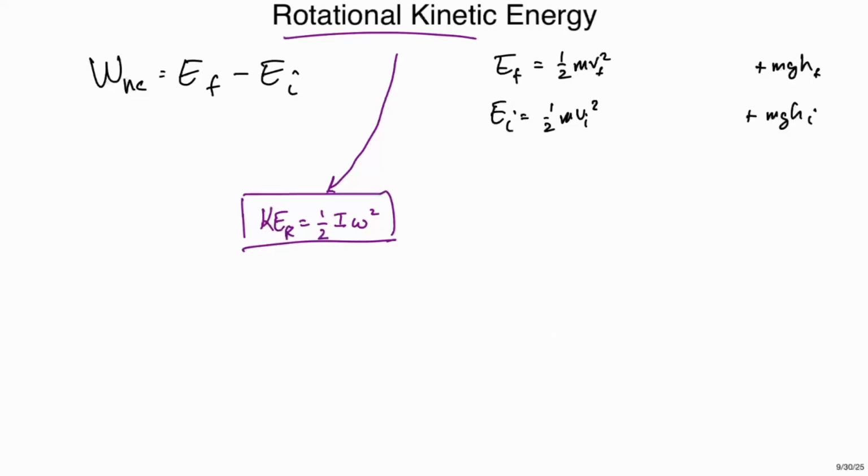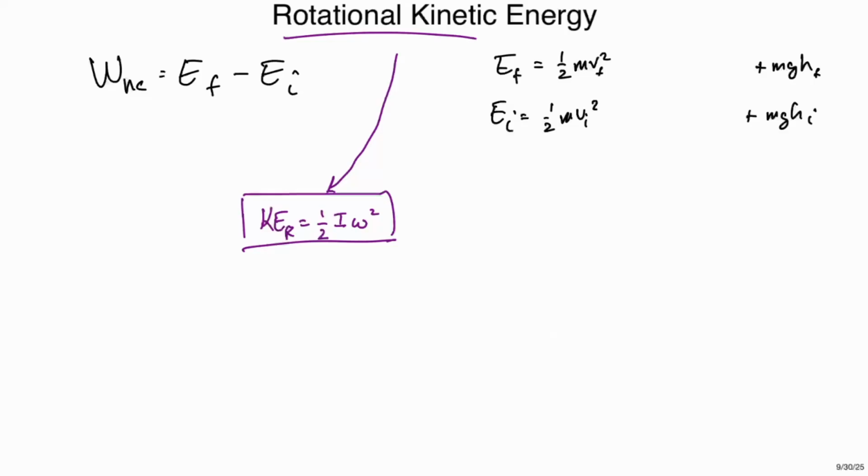The 1/2 mv squared would be its center of mass energy. If this wheel is rolling along the ground, does it have translational kinetic energy? Is its center of mass moving? Yes. So it has 1/2 mv squared.